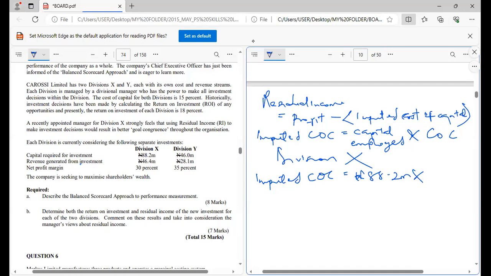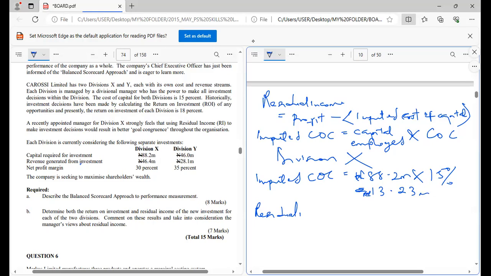From what you read, what do you think is the cost of capital? Yes, 15%. So let's multiply. That gives 13.23 million.